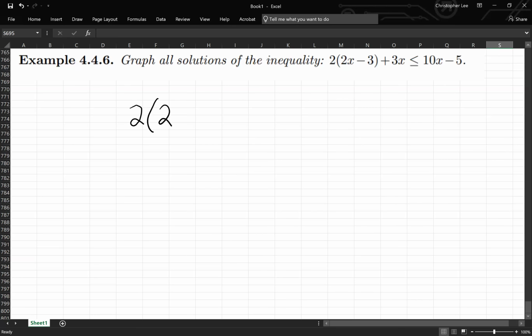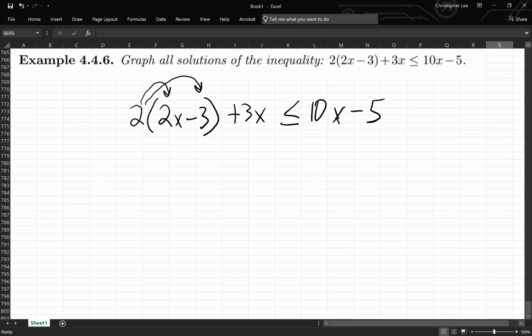I have 2 times 2x minus 3 plus 3x less than or equal to 10x minus 5, right? First thing you want to do, distribute that 2. So now I have 4x minus 6 plus 3x less than or equal to 10x minus 5.